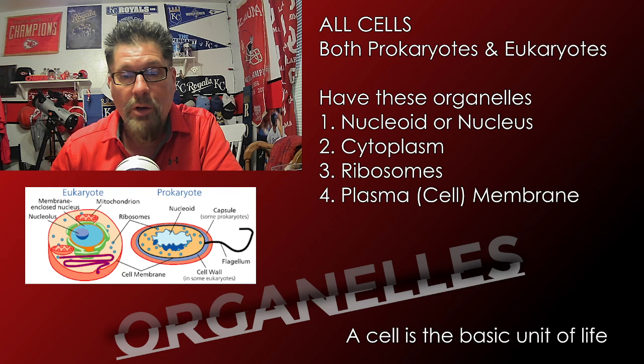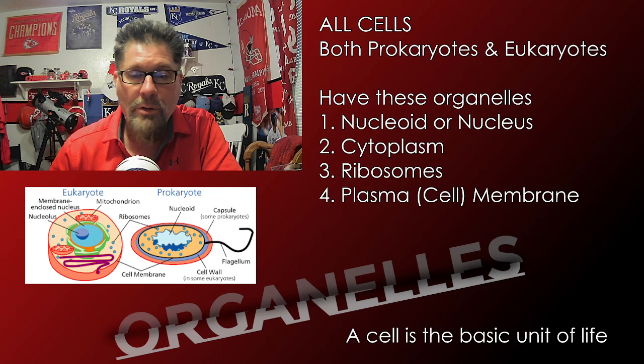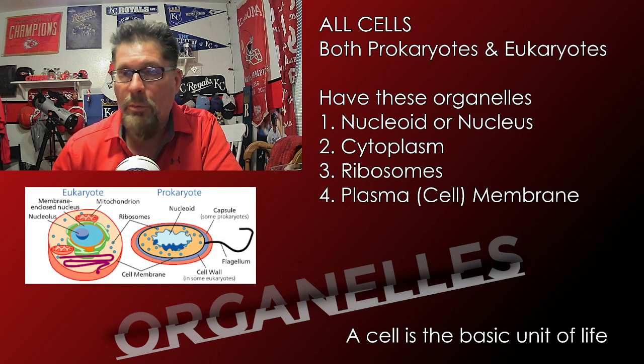Ribosomes. Okay, ribosomes are a huge, important organelle. They're the ones that make the proteins. But again, we'll talk about those in their portion of the video. And they all have a membrane around the cell. Of course, that has a couple of names, and if you've had me in class, you know my thoughts on multiple names for the same thing. But that is what it is. So you can read plasma membrane or cell membrane.